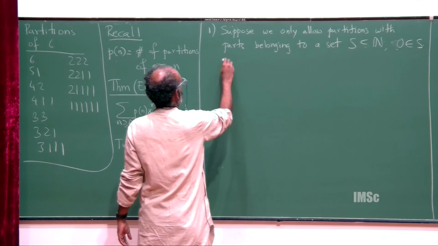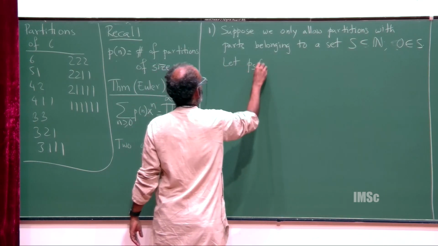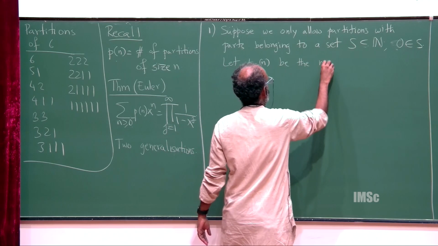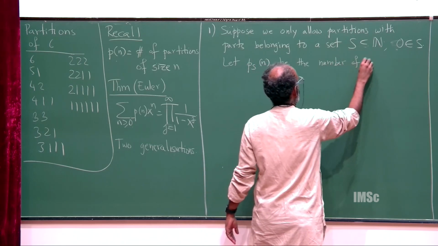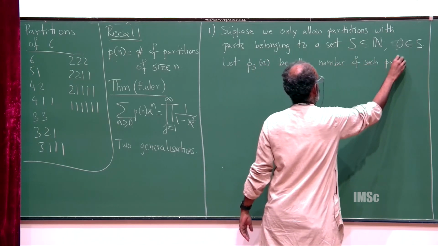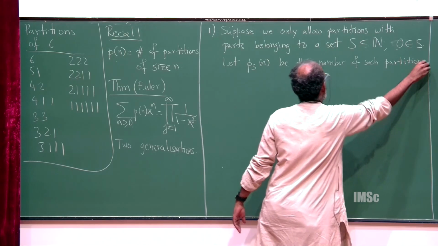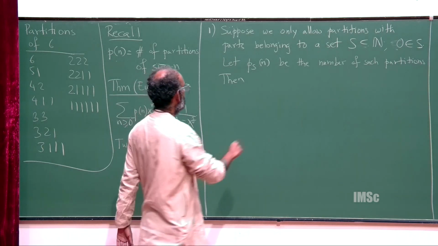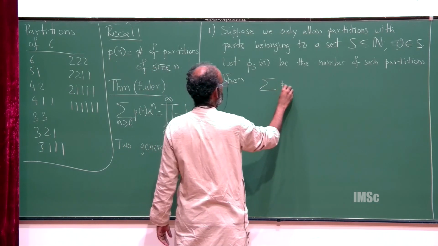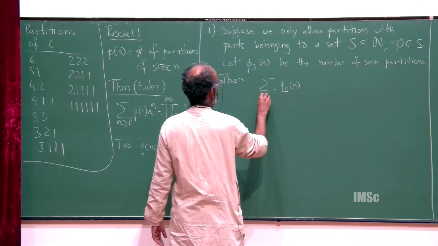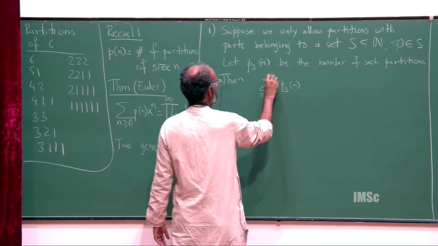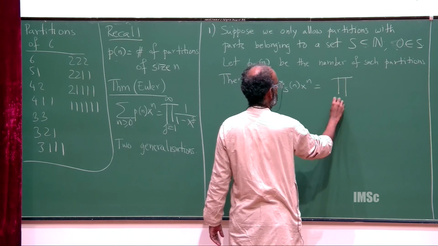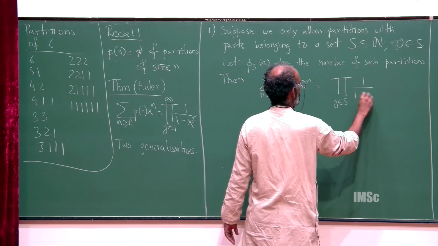So let's say P sub S of n is the number of such partitions. Then the same proof that we did yesterday will show us that the generating function, the sum over n equal to 0 to infinity of Ps of n x power n, will become the product over j in S of 1 by 1 minus x power j.